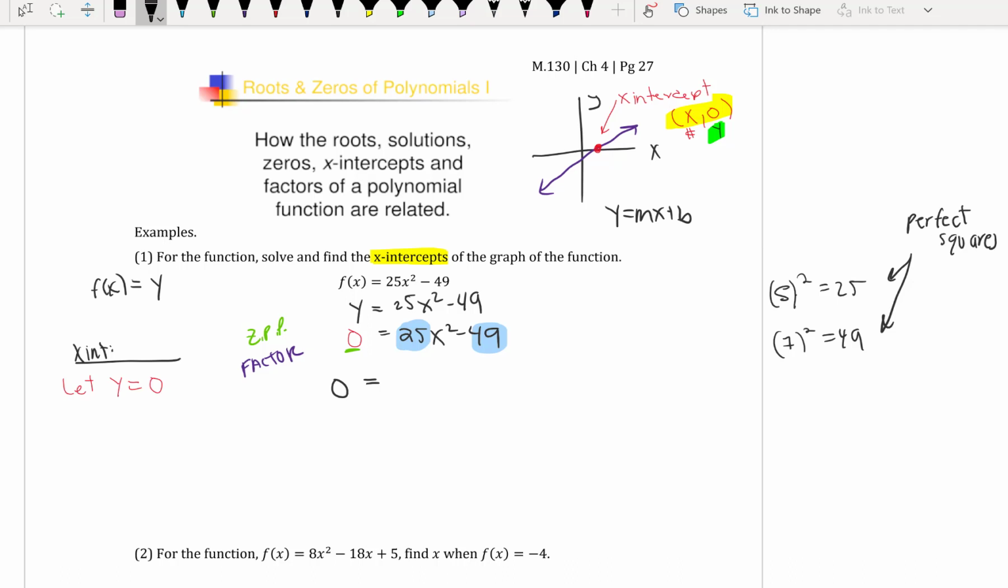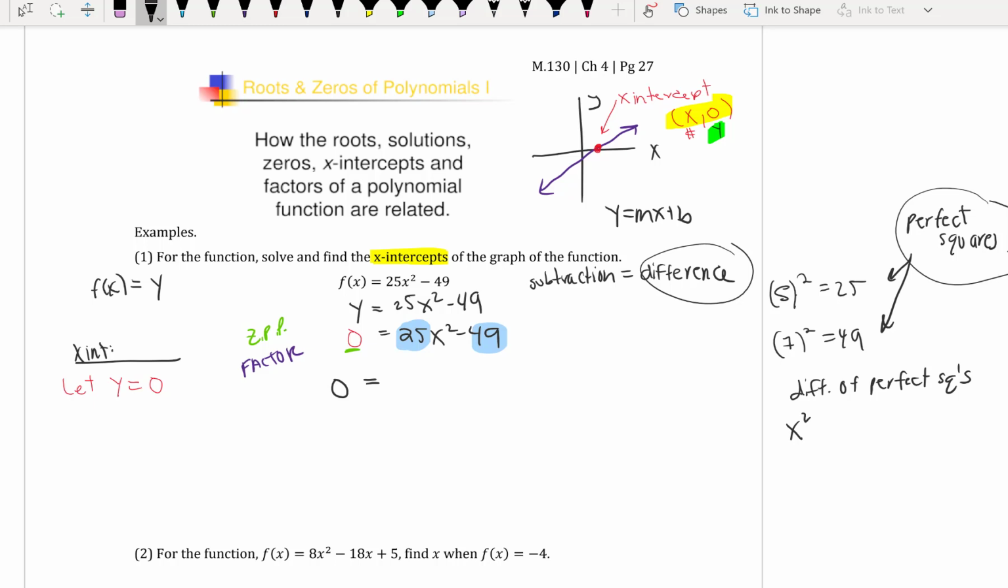So because I know that these are perfect squares, and I have a subtraction, remember our subtraction can also be said as the difference when you're reading it in a word problem or understanding the vocabulary. So now you know, since you have perfect squares and the difference, it's the difference of perfect squares, which means x squared minus y squared is equal to x plus y times x minus y.